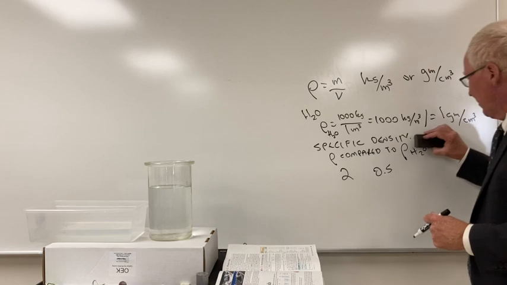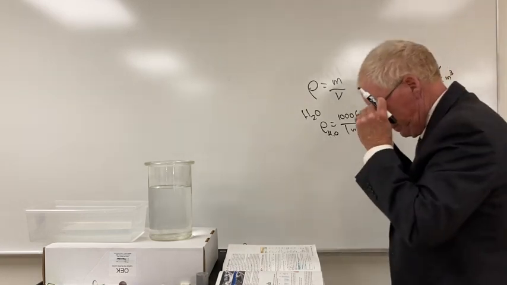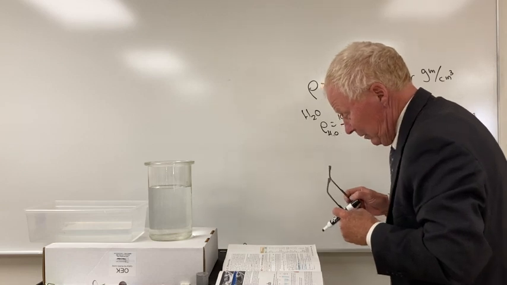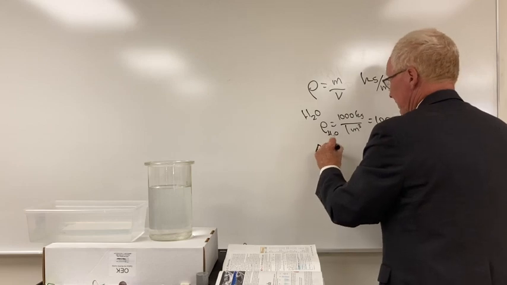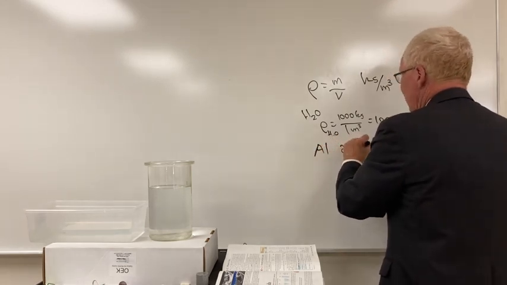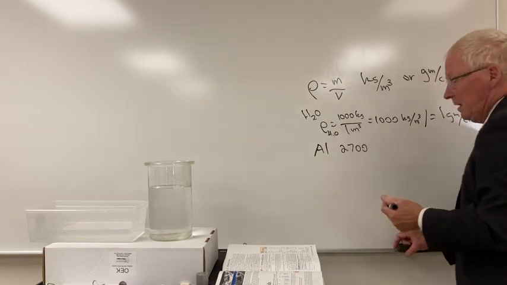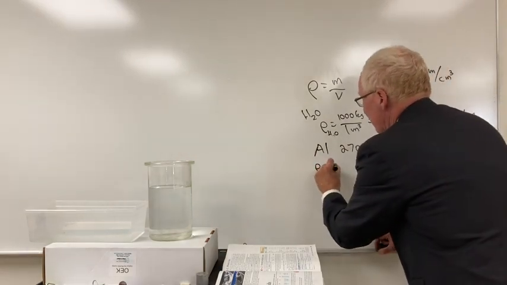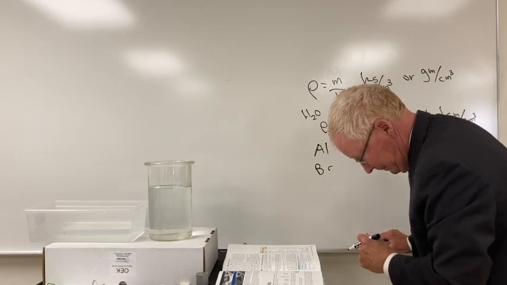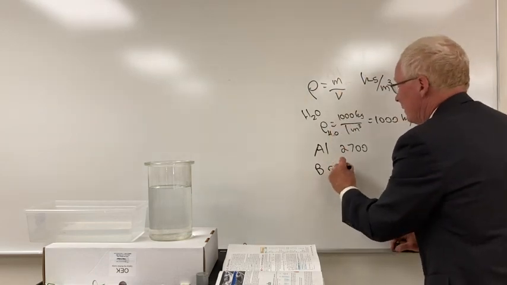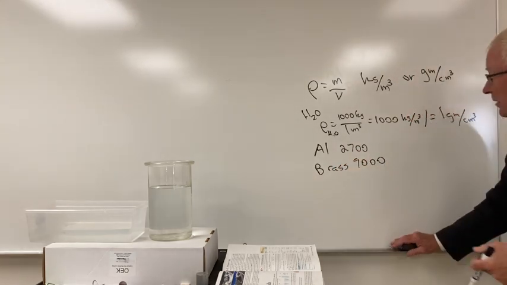You can have some other comparisons. Aluminum is 2,700 kilograms per cubic meter. Brass, not bromine, but brass, is approximately 9,000 kilograms per meter cubed.